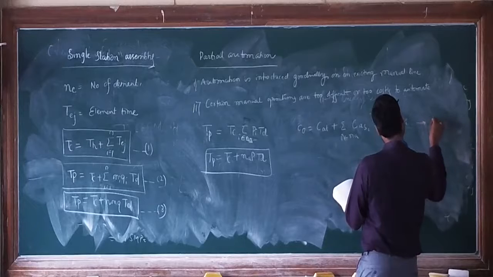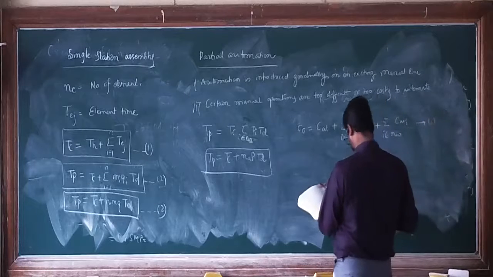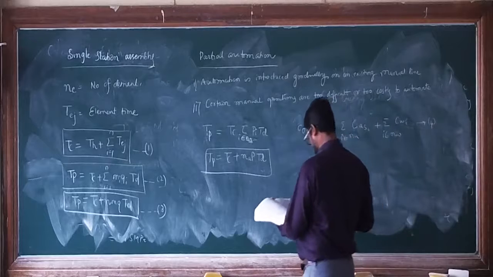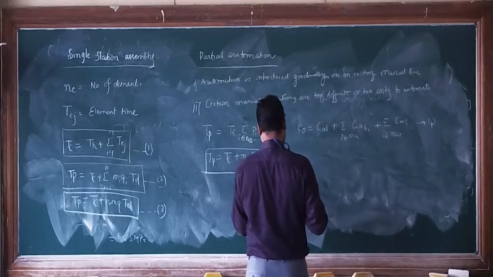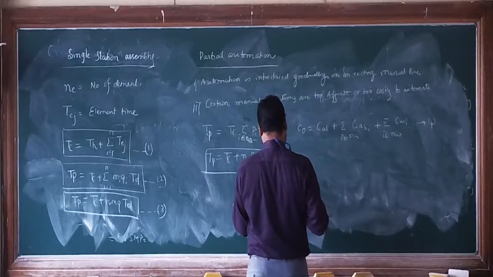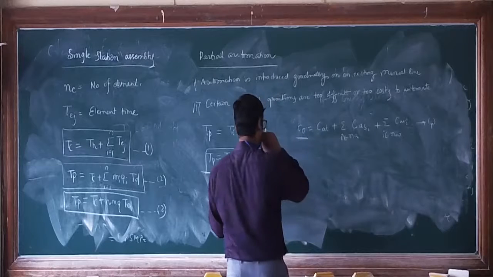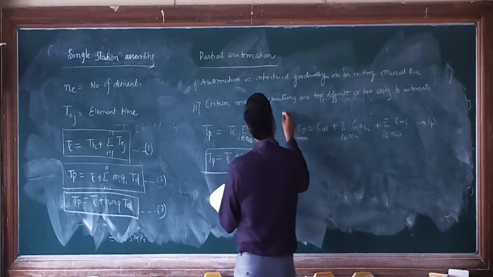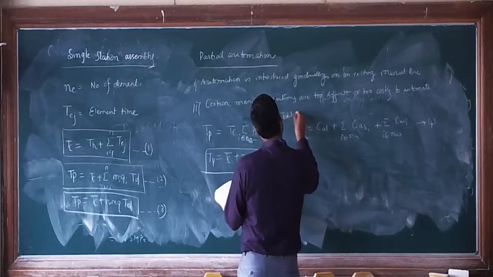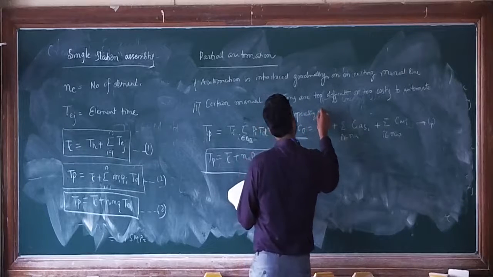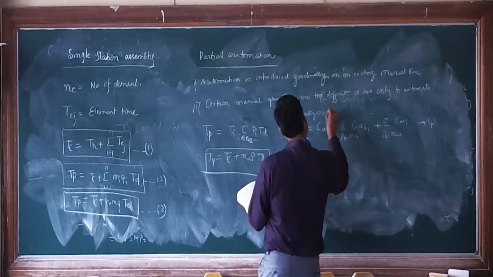This is equation number 4. It holds good when the total cost to operate that particular line, the total operating cost of the line.